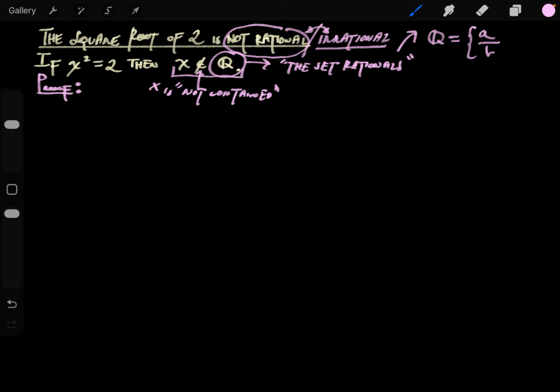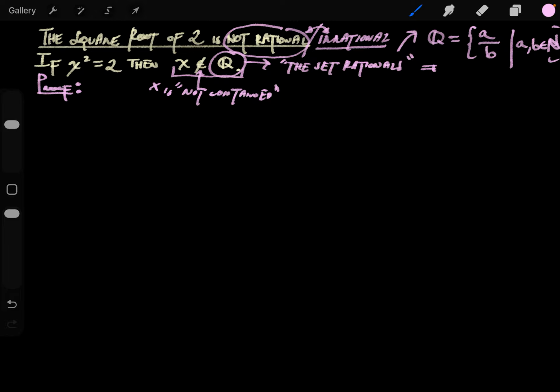The set of rationals is the set of all a over b, all the divisions, such that a and b are in the natural numbers. And this is called the set of rational numbers.